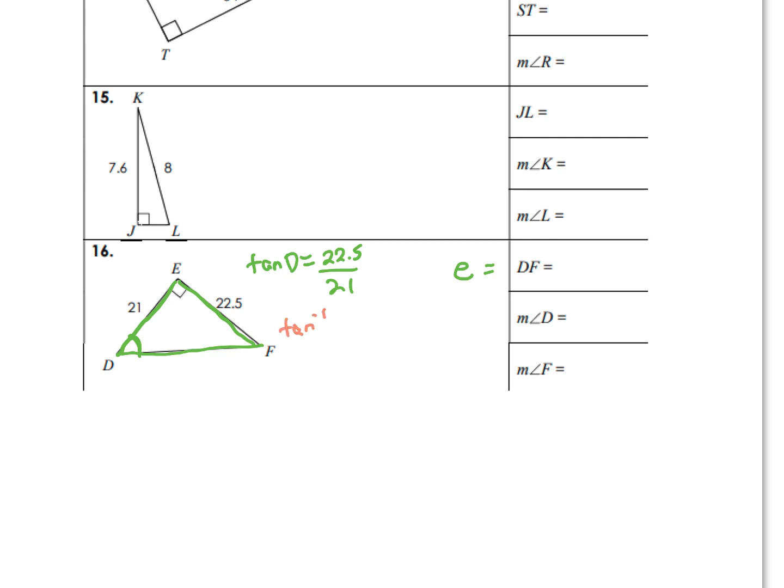Let me fix this, sorry, I'm getting ahead of myself. So D is equal to inverse tan of 22.5 over 21. So what do we get for angle D? Yeah, 47 degrees.